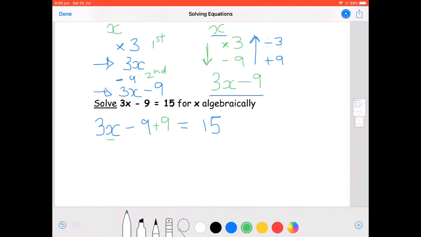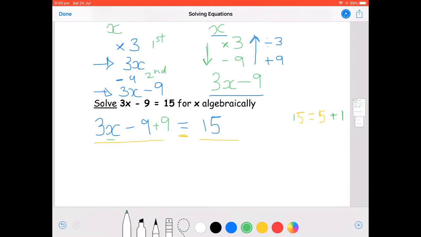Now, because this is an equation, whatever happens on this side also has to happen on this side. So if you think about, for example, you've got 5 equals 5. This is just a separate example. If you were to add 1 on this side, you'd have 5 equals 6, but obviously that doesn't make any sense.